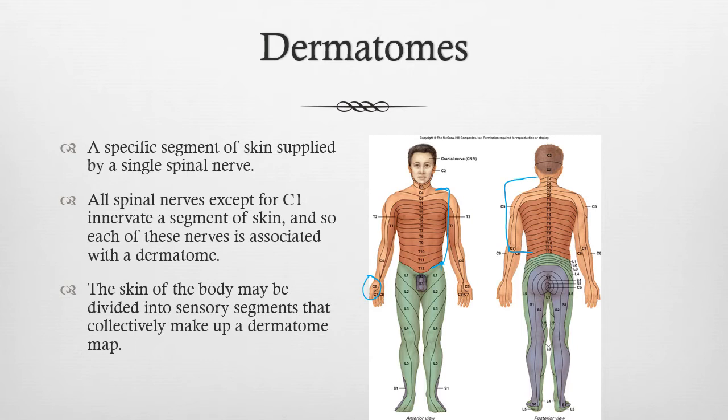If they were having problems over on their pinky side, along the fifth digit and then into the ring finger, you would then be looking at information that may be coming down from C8. And so we're going to be looking for those different areas and testing in those different areas to see where the potential problem is.